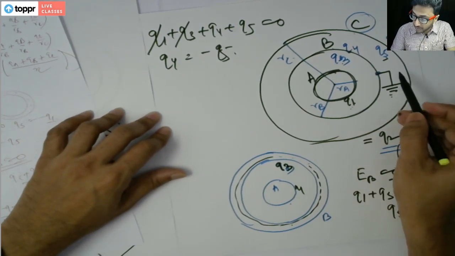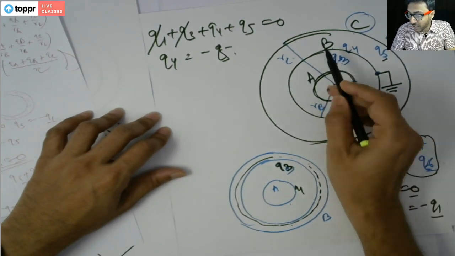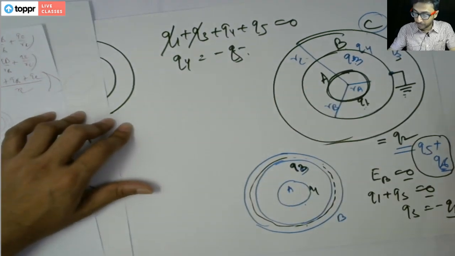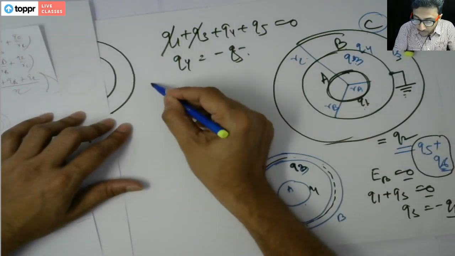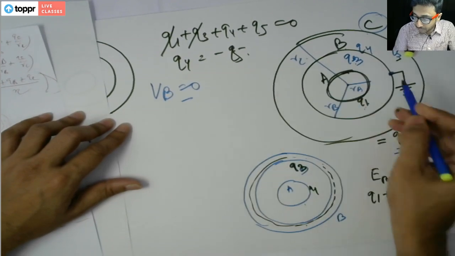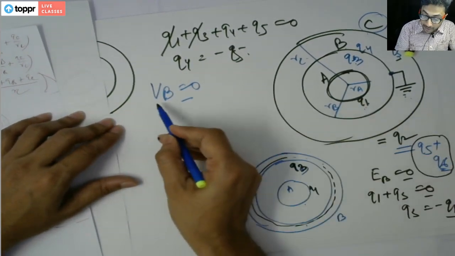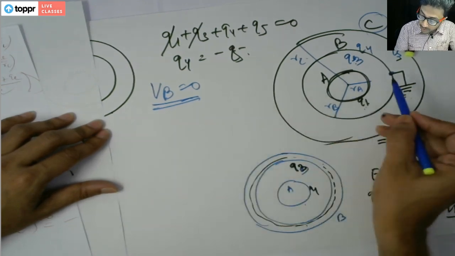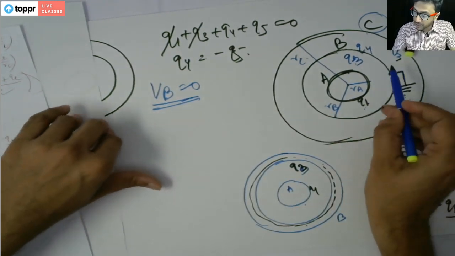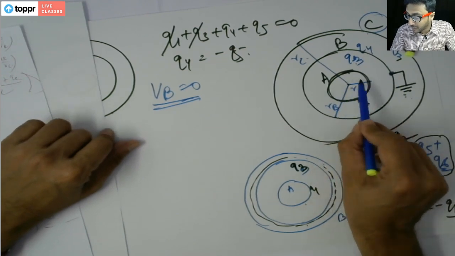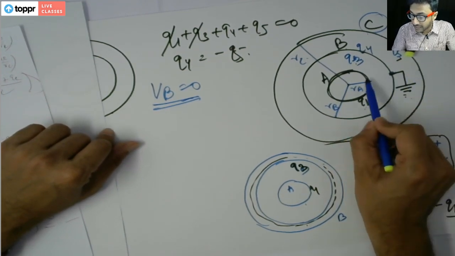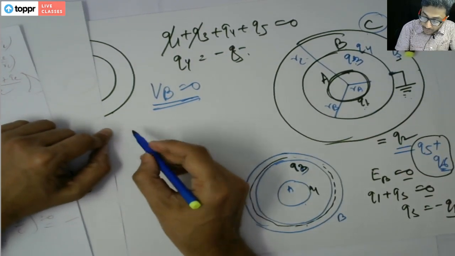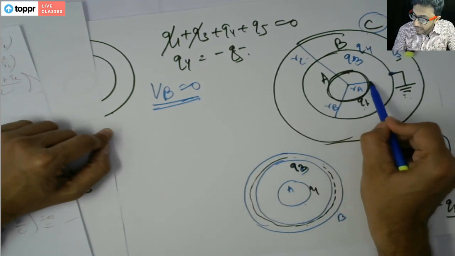We can write another equation because the potential VB equals 0, because it is earthed. If VB equals 0, what will happen? First, to calculate VB, we have to consider all the shells A, B and C. So for VB, for A, what is the charge?